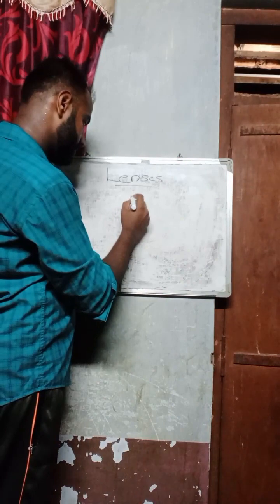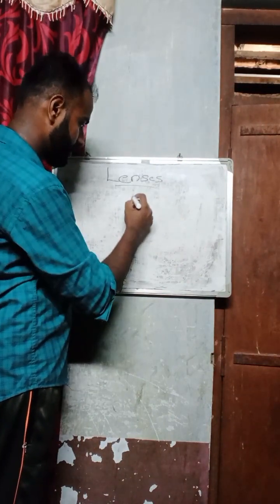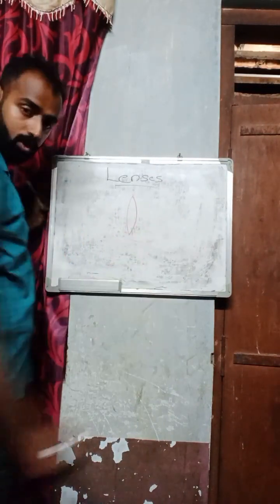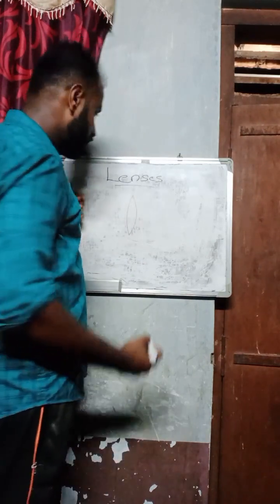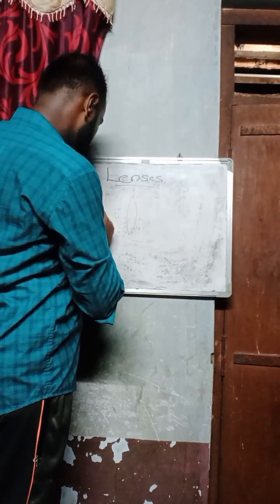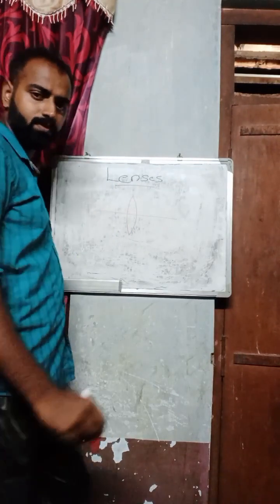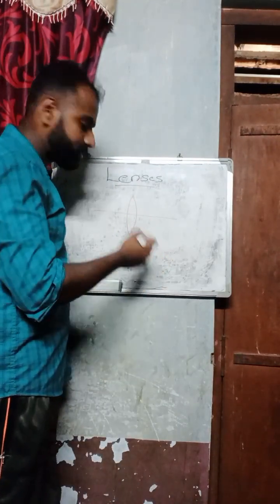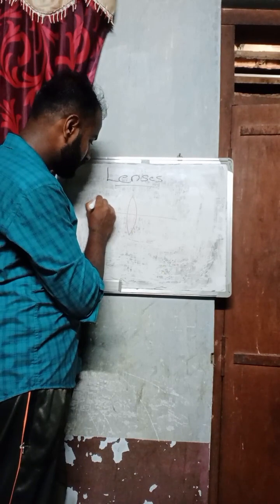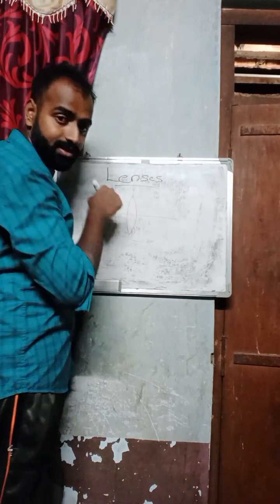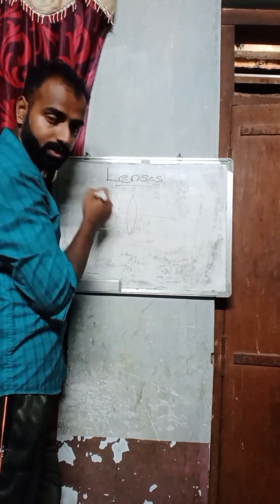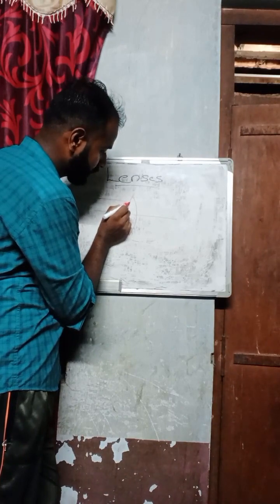I'm taking the example of my convex lens. This is my optic axis or principal axis. For this lens, light rays are coming parallel to this axis. It is touching the first surface. Then it is refracting in the lens.